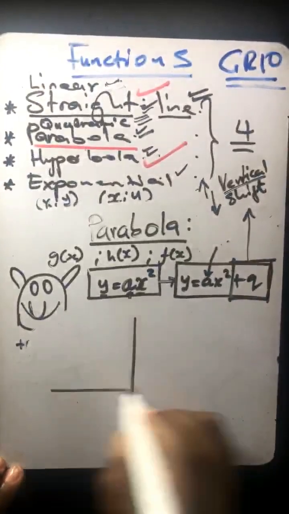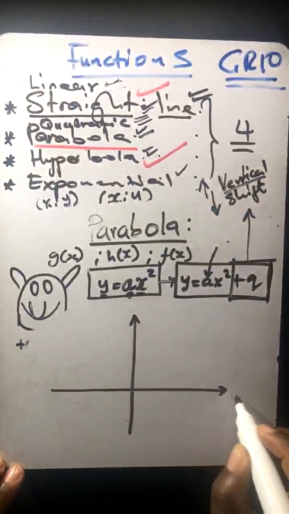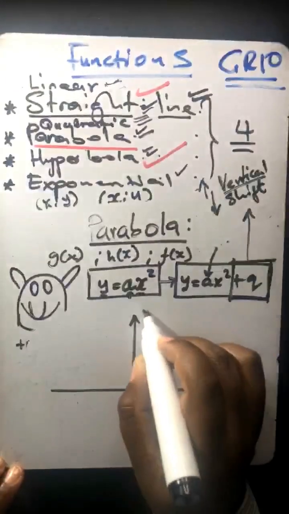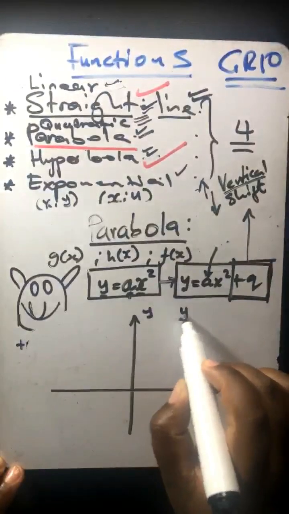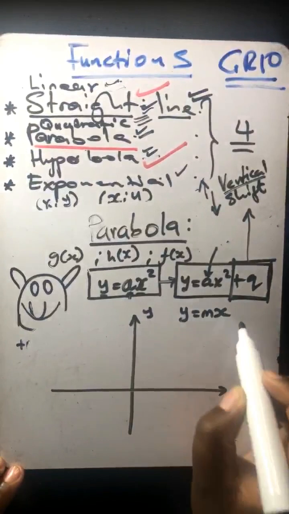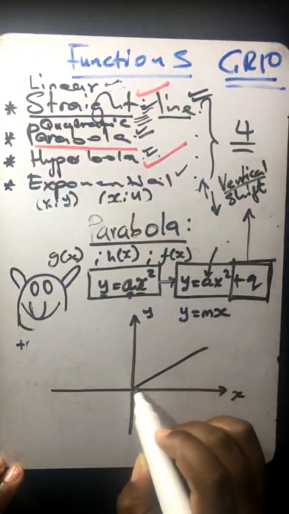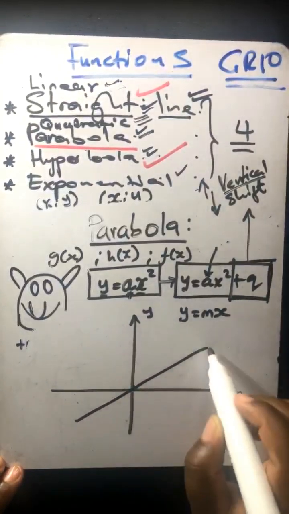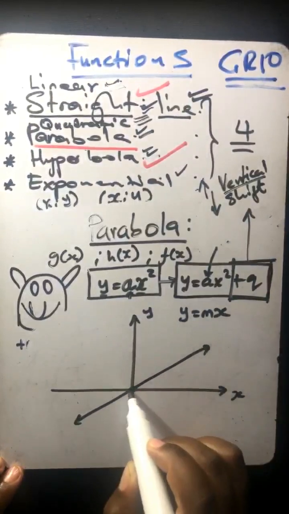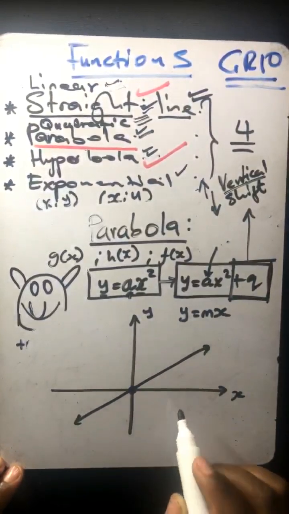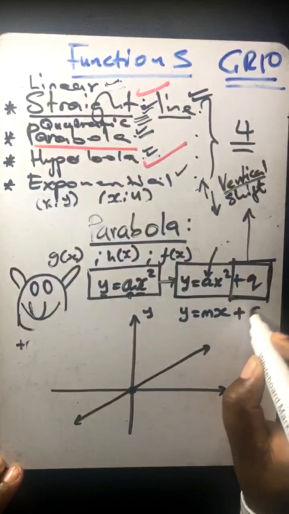Maybe let me start with a straight line. For example, a straight line was just y is equal to mx, where it was just passing through the origin there. If you remember, I said there is that plus c there.